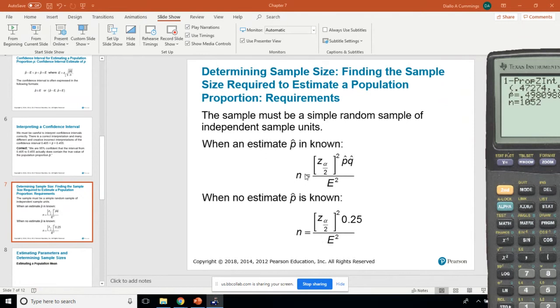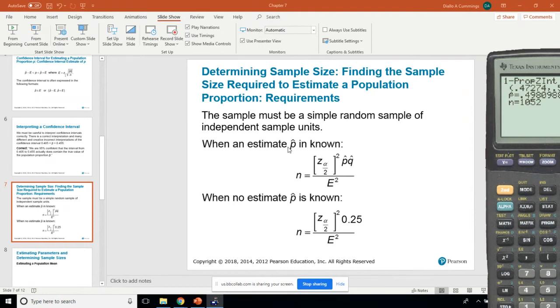We would use the first formula, so keep in mind n would be the sample size for our random sample. n would equal Z alpha over 2 squared times p hat times q hat divided by E, which is the margin of error squared.